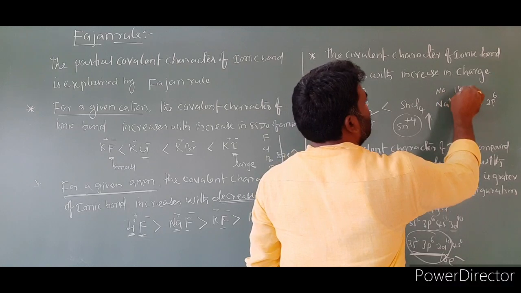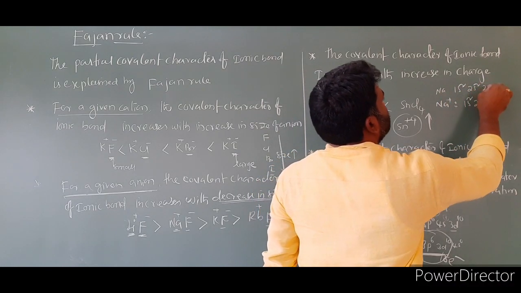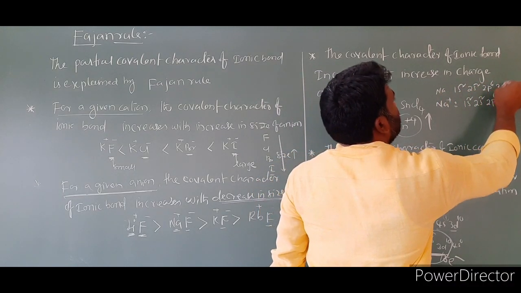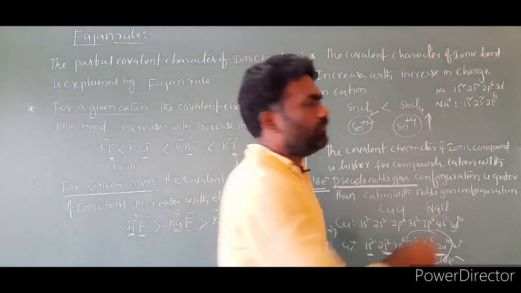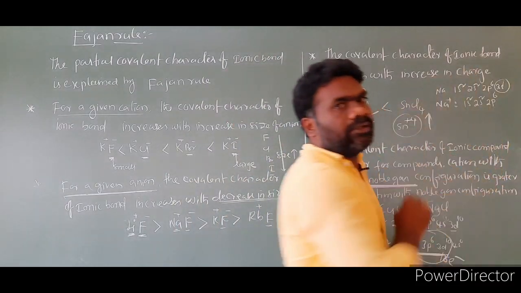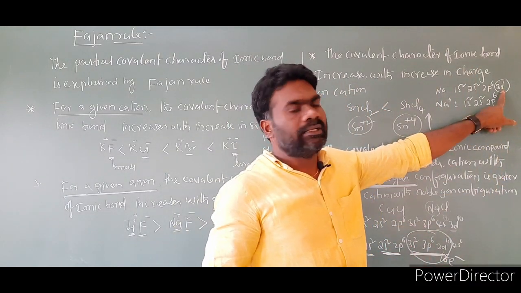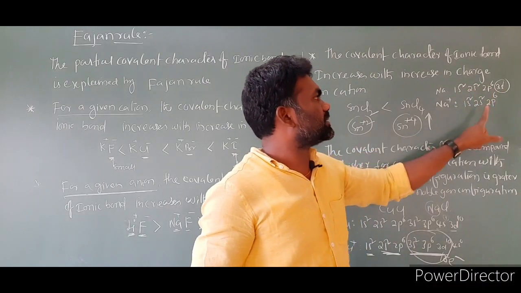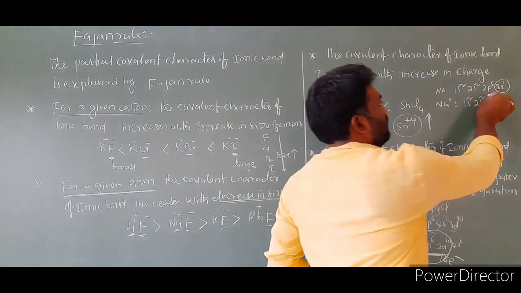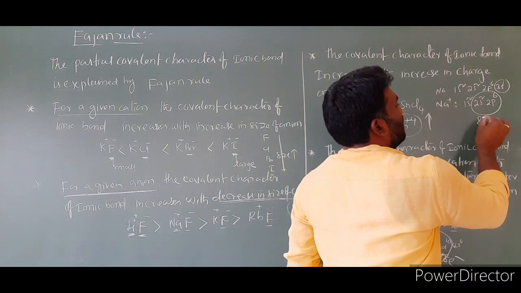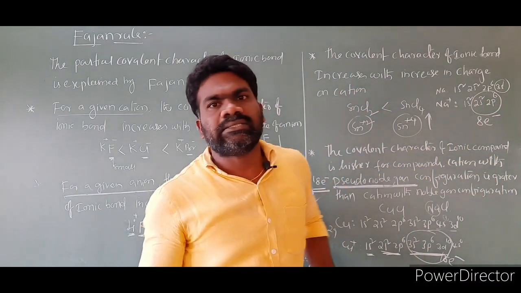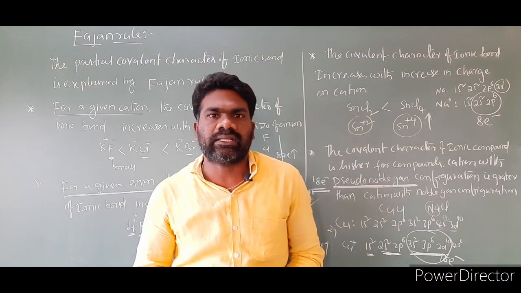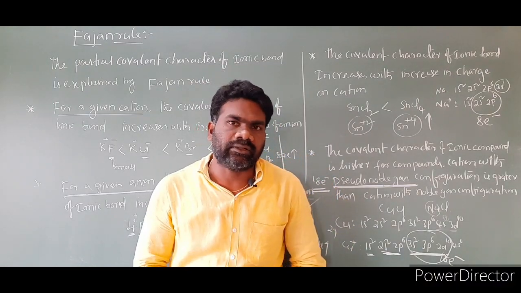The sodium electronic configuration is 1s2, 2s2, 2p6, 3s1. We have to remove this one electron. The remaining electrons will be 1s2, 2s2, 2p6. In the last energy level, how many electrons are there? 8 electrons, ns2, np6. That is called a noble gas configuration.